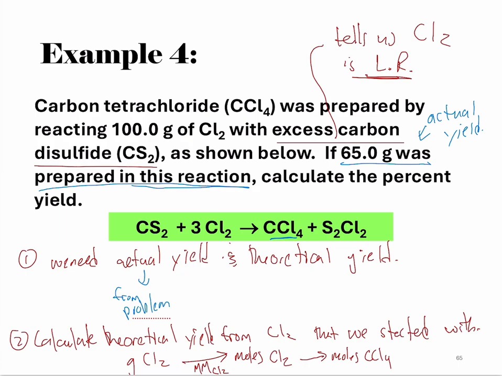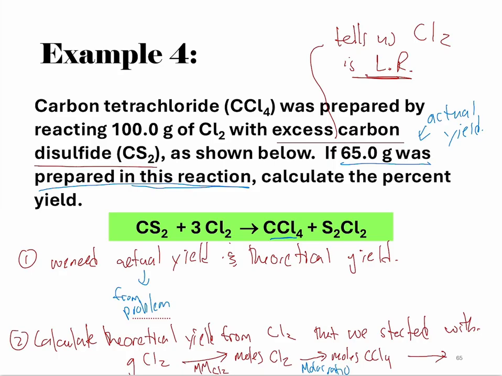So if we have 3 moles of chlorine gas, how many moles of carbon tetrachloride does that make? 1 mole, right? Whenever I say a number of molecules, converting that to a number of another molecule, if I just multiply that by 6.022 times 10 to the 23, now it's just a mole of that molecule. So 3 moles now gives us 1 mole of carbon tetrachloride. So we use the molar ratio for that. And what's the last step then?